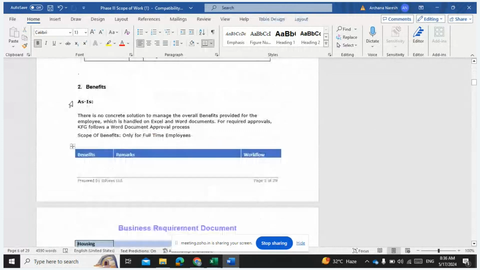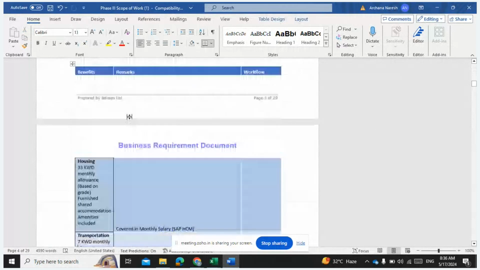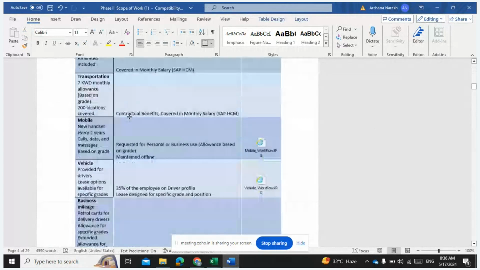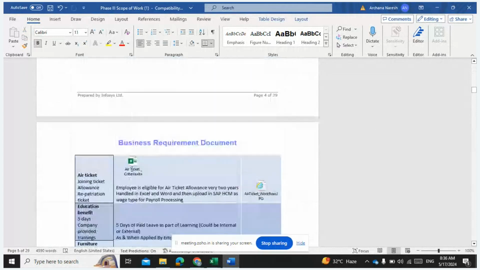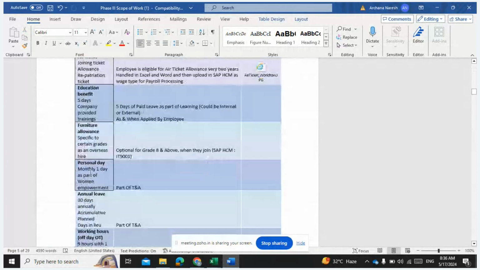These are the as-is. As-is means the current situation. As part of benefits, they have housing, transportation, mobile, vehicle, and so on. There's a list of air tickets, how the air tickets are being configured, what the workflows are, and so on. All of this is configured as part of your Employee Central global benefits, and also as part of your pay components.